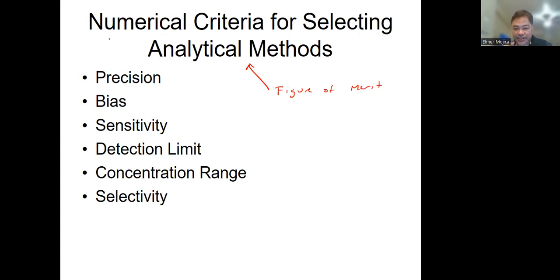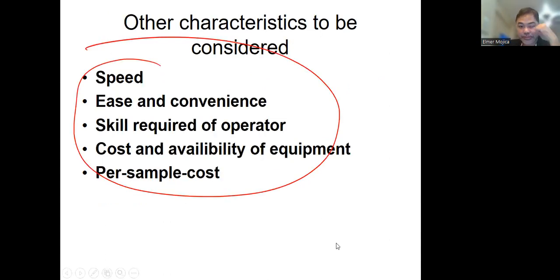Ano yung diferensya ng slide na to doon sa kasunod na slide? Usually this involves what? Number. Okay, so these are characteristics that are expressed in numerical terms compared to this one.